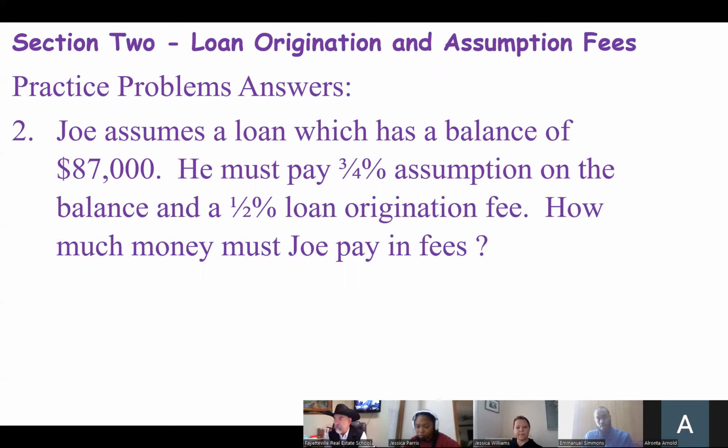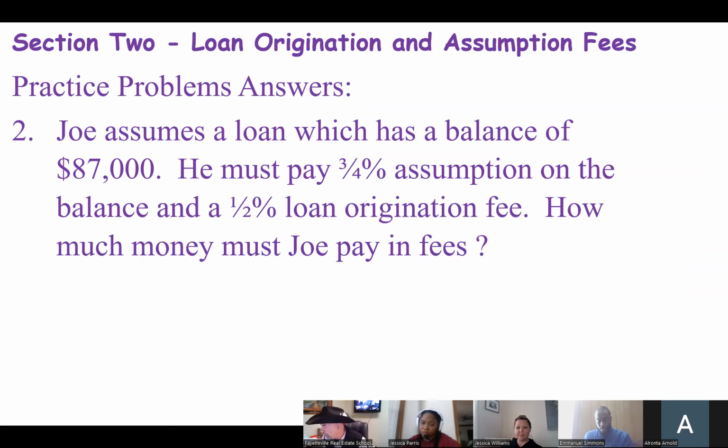We need to convert that to a decimal so that we can hit it in our calculator, because my calculator right here doesn't have 0.75% and doesn't have a 0.5%. So first of all, I want to add 0.75% and 0.5%. If we think of 0.75% as having 3/4, if we had 3/4 of a dollar, how much do we have?